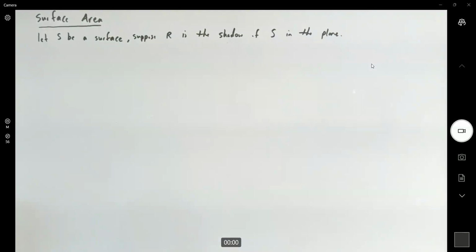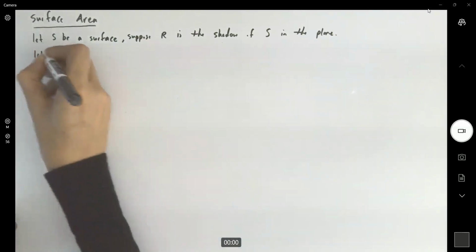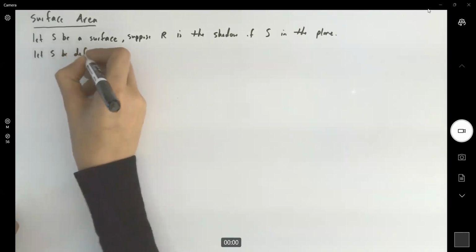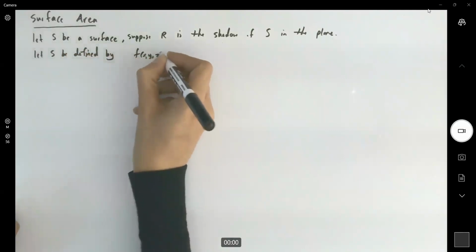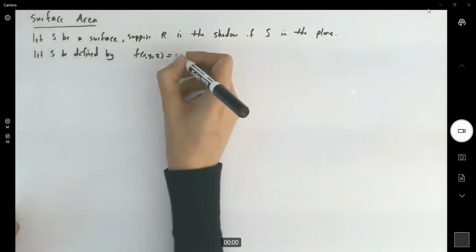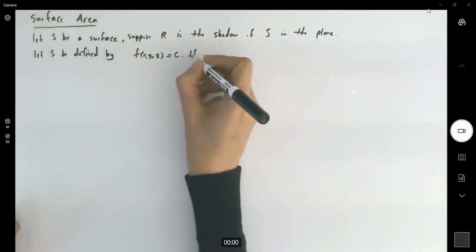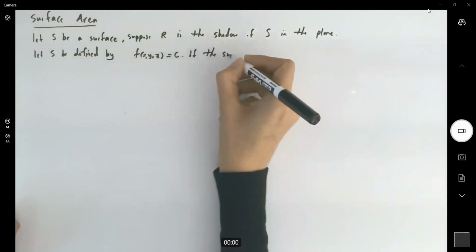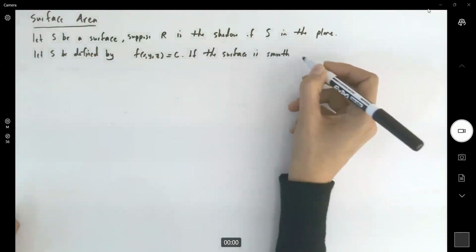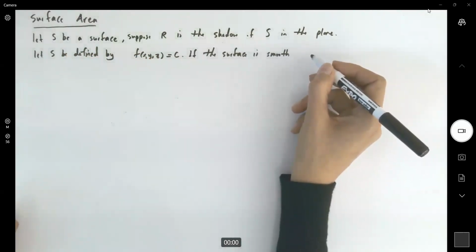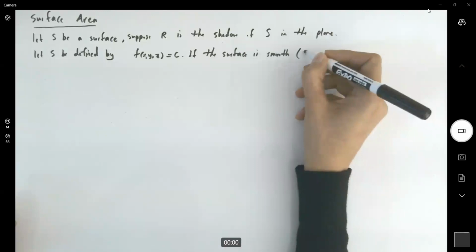Suppose your surface is defined by the following relation: F of X, Y, and Z is equal to C. If the surface is smooth, it means that the partial derivatives are all continuous and they are not zero on S. So it means that we're working with the gradient.